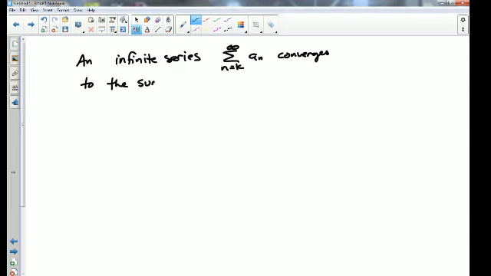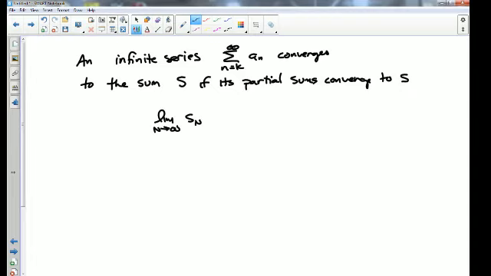An infinite series converges to the sum S if its partial sums converge to S. So we would say, just what I wrote down last time, the limit as n approaches infinity of S sub n equals S. In our specific example, that was sine of 1, right?